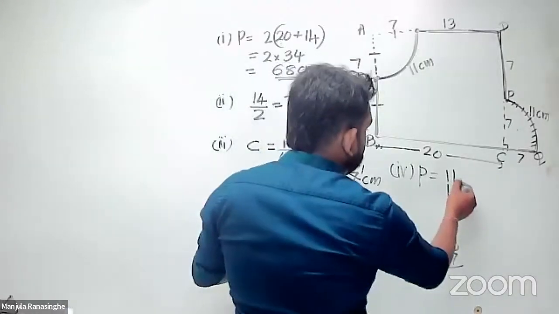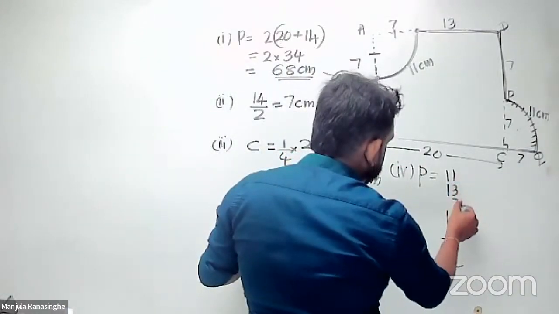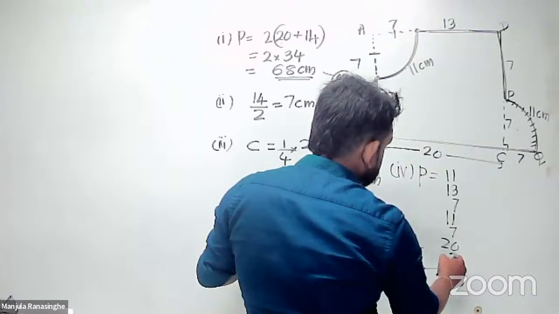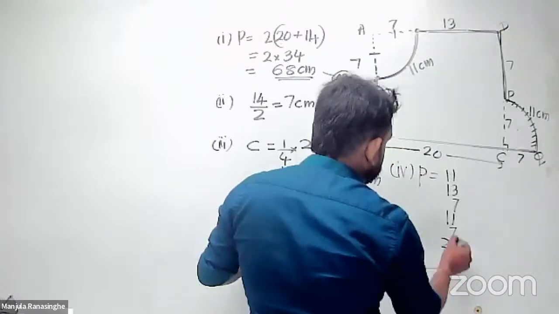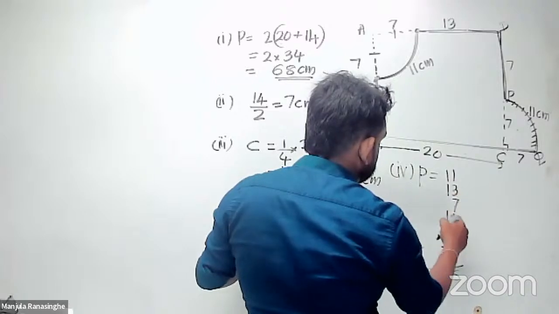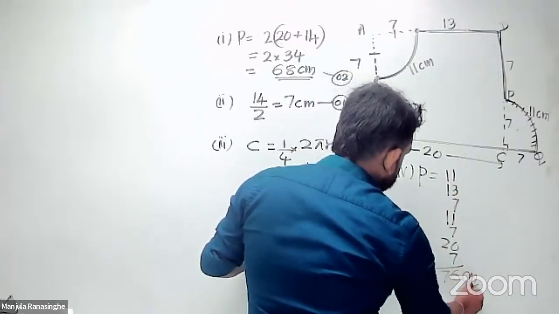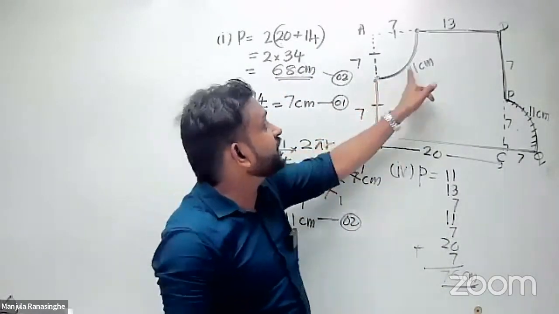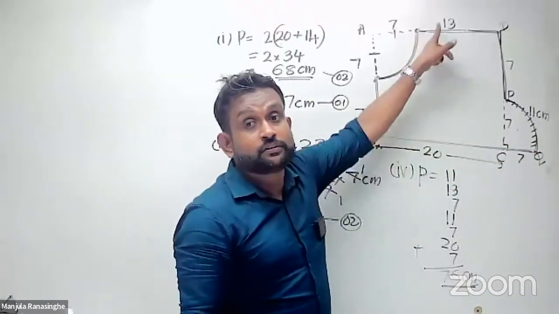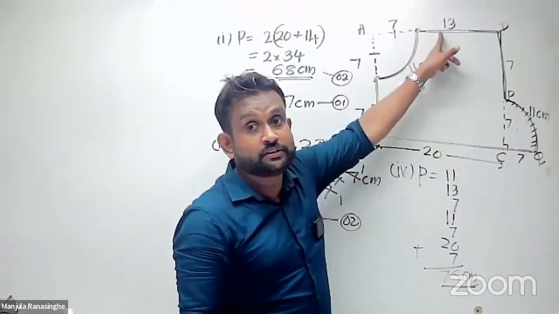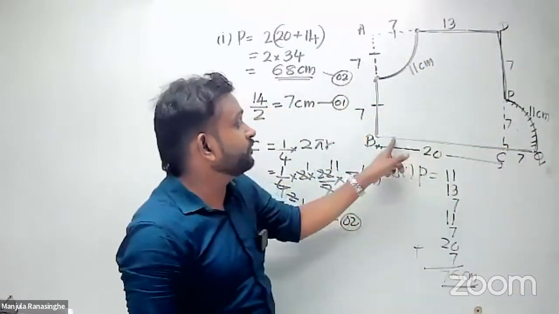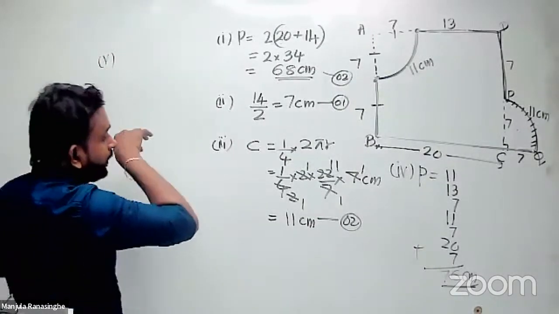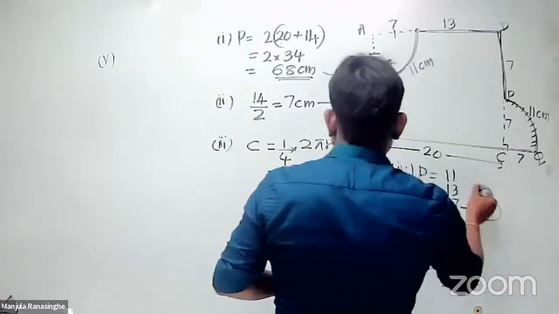Now check. 1 plus 3 is 4, 4 plus 7 is 11, 12, 19, and 26 to remaining, 76 centimeter. So 76 centimeter is the perimeter. See how to get it? Starting here, this arc length is similar to here, we found that 11, 13 here, because total 20 here, then 13, and 7, this one, and 7, 27. Right. Then the fifth part. So that part you have 3 marks for finding the perimeter here.